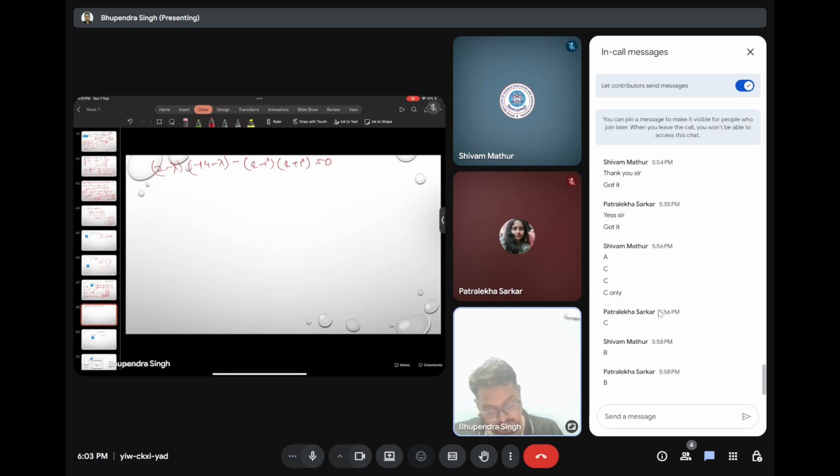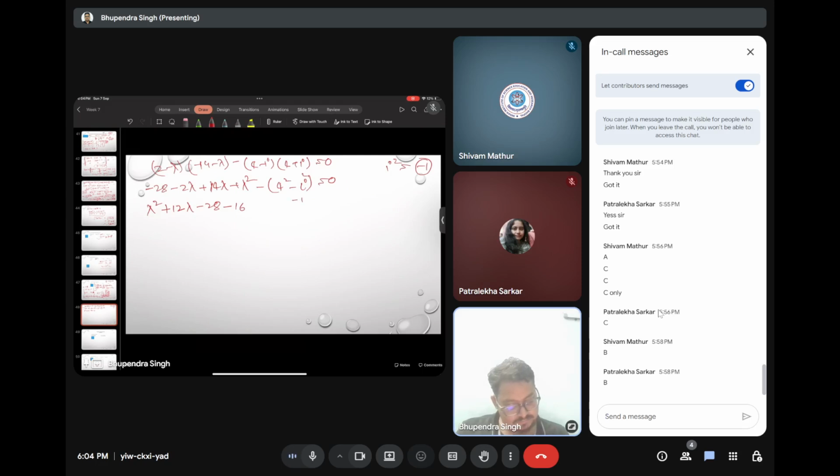So it will be like minus 28 minus 2 lambda plus 14 lambda plus lambda square, minus 4 square minus i square equal to 0. So it will turn out to be lambda square plus 12 lambda minus 28 minus 16, and i square is equal to minus 1.